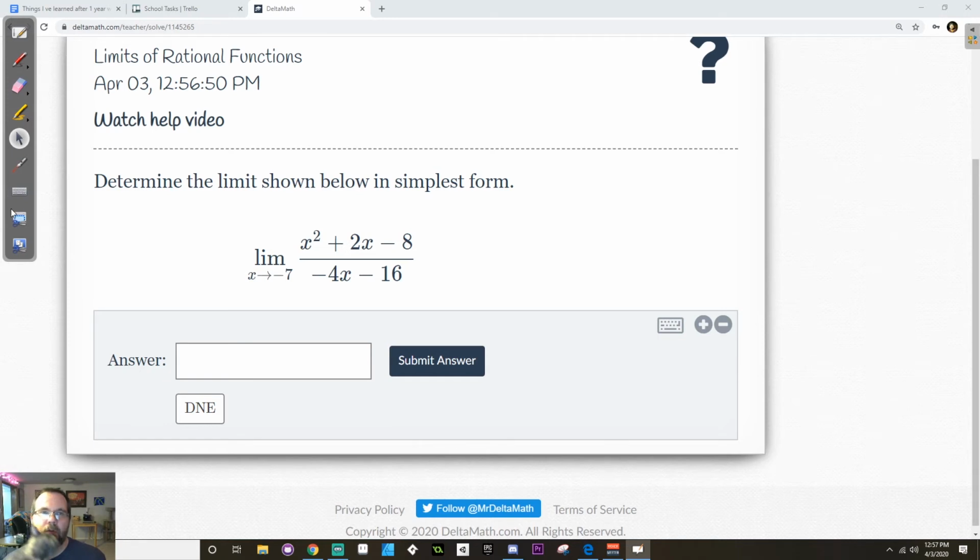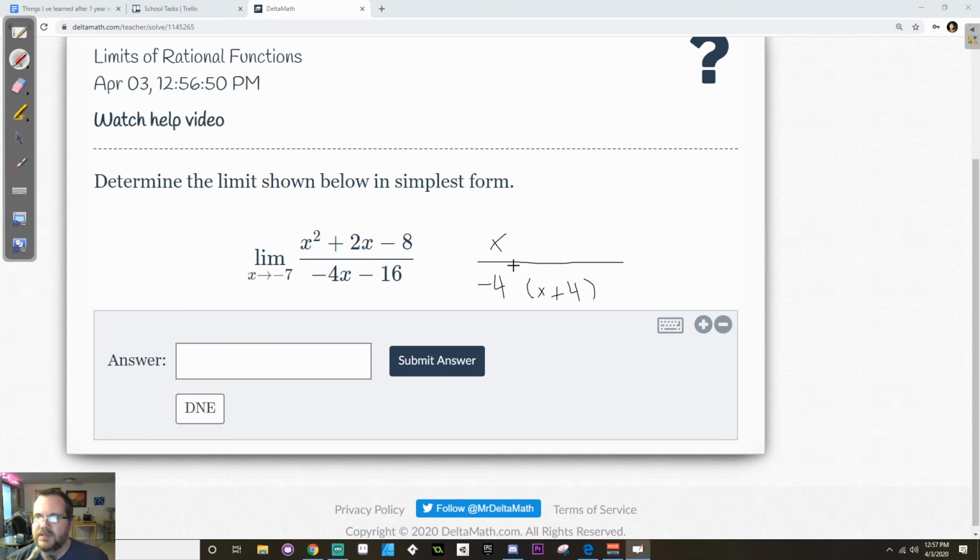Okay, so if I wanted to factor this, I'm going to focus on the denominator first because that's easier to factor. I can take a 4 out of both of these, and I'm going to take it out as a negative 4 because they're both negative. So this will become negative 4 times x plus 4 in the denominator. In the numerator, I'm looking for 2 numbers that multiply to be negative 8 and add to be 2.